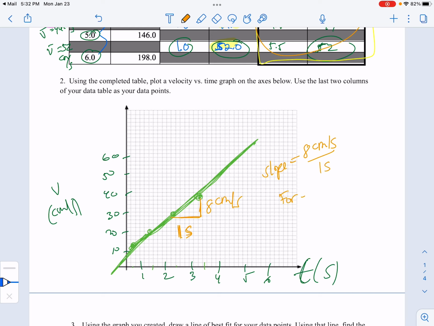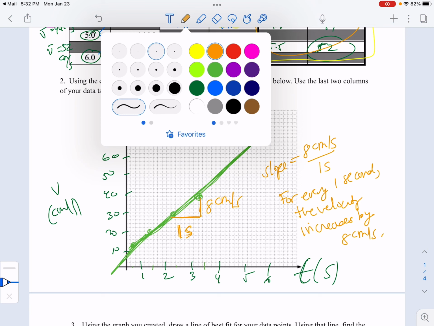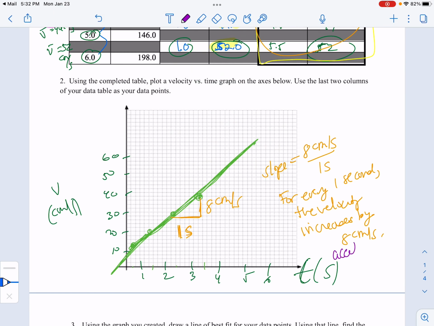For every 1 second that passes, the velocity increases by 8 centimeters per second. That is what we call acceleration: change in velocity over time.